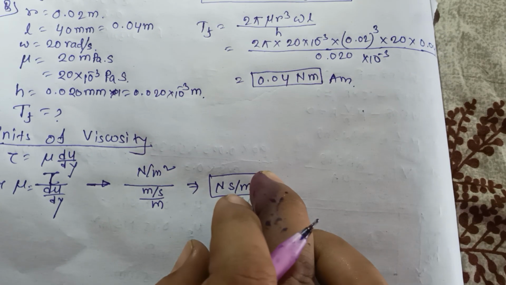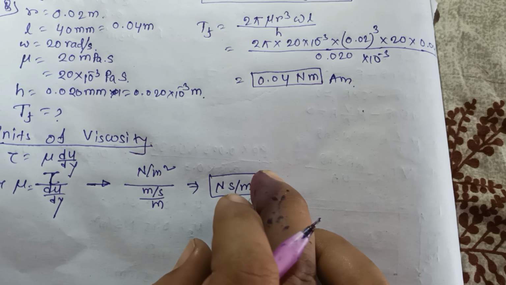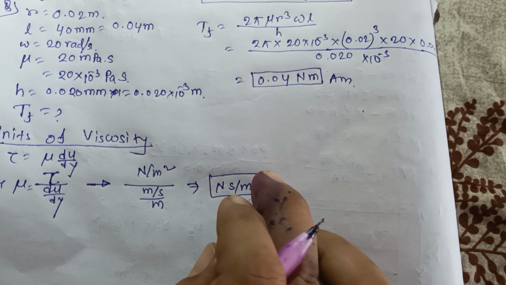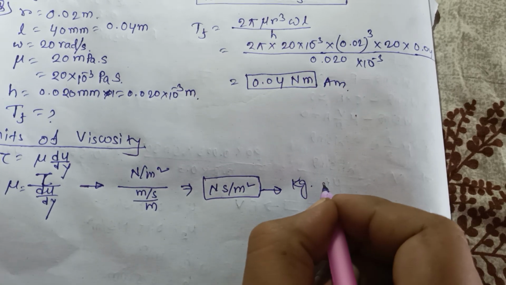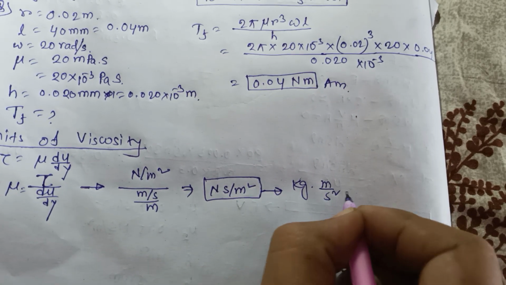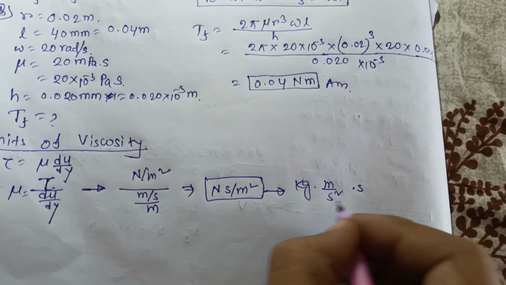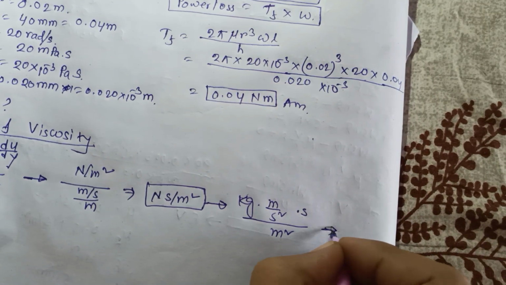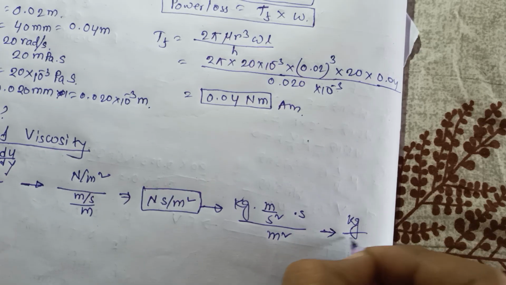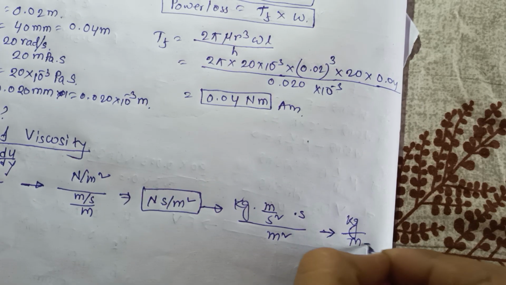If you see, Newton is kg meter per second square, into second upon meter square. So the unit will also be kg per meter second.